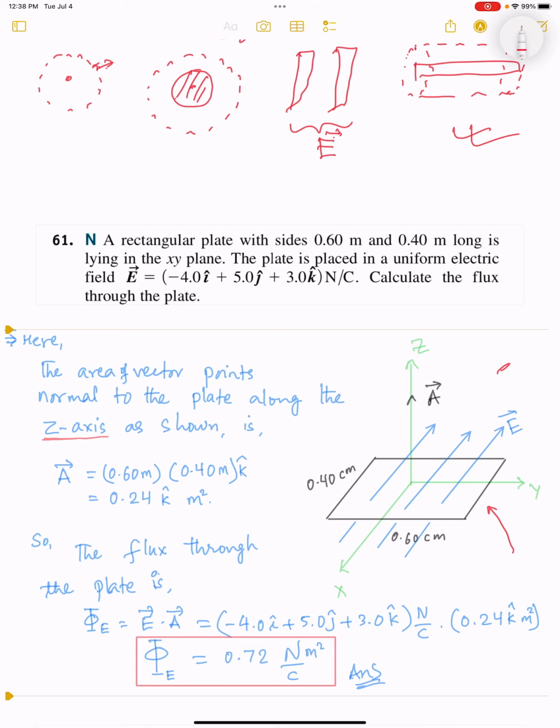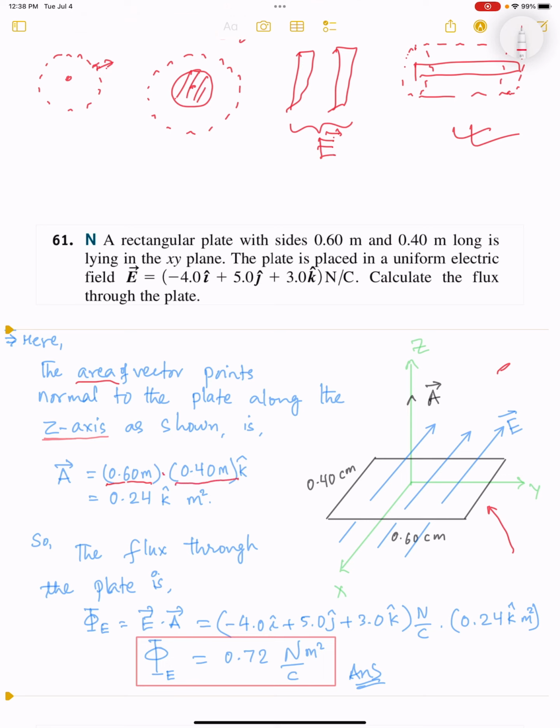So you will be able to find the area of this plate. That will be 0.60 meter times 0.40 meter.